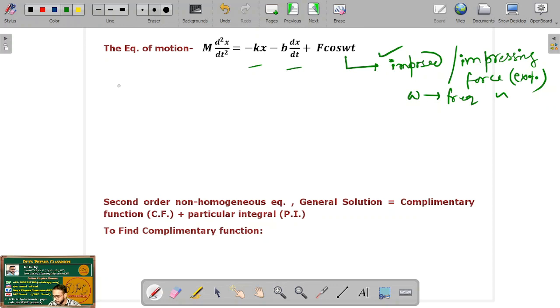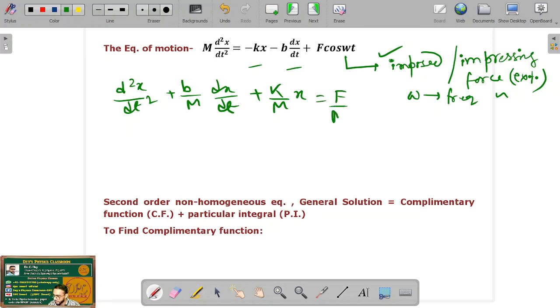Now if we divide both sides by m and take everything to the left hand side except the external force, then the equation of motion would be d2x/dt2 plus b/m dx/dt plus k/m x equals F/m into cos omega t.